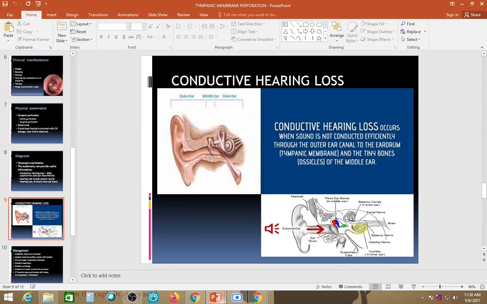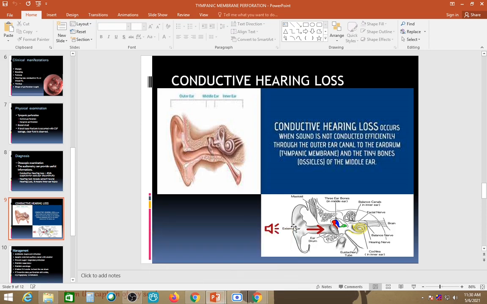Yes, ma'am. Conductive hearing loss occurs when sound is not conducted efficiently through the outer ear canal to the eardrum, the tympanic membrane, and the tiny bones, the ossicles of the middle ear. The sound waves entering through the ear canal are obstructed.